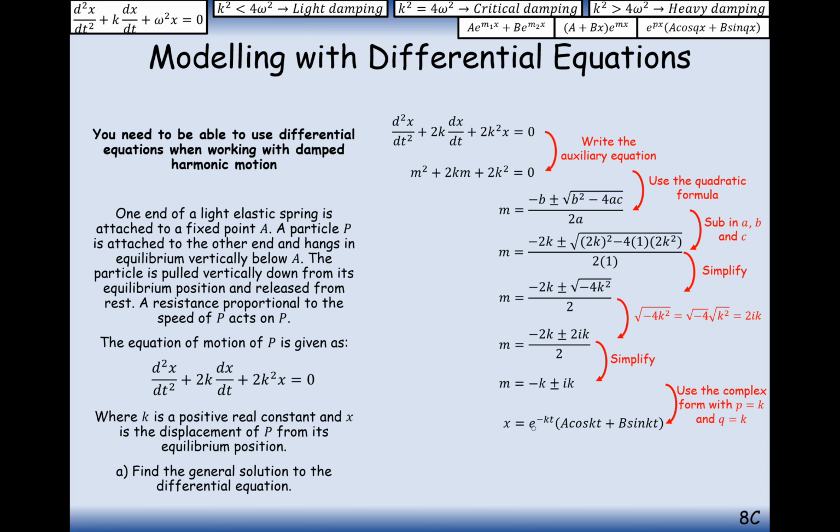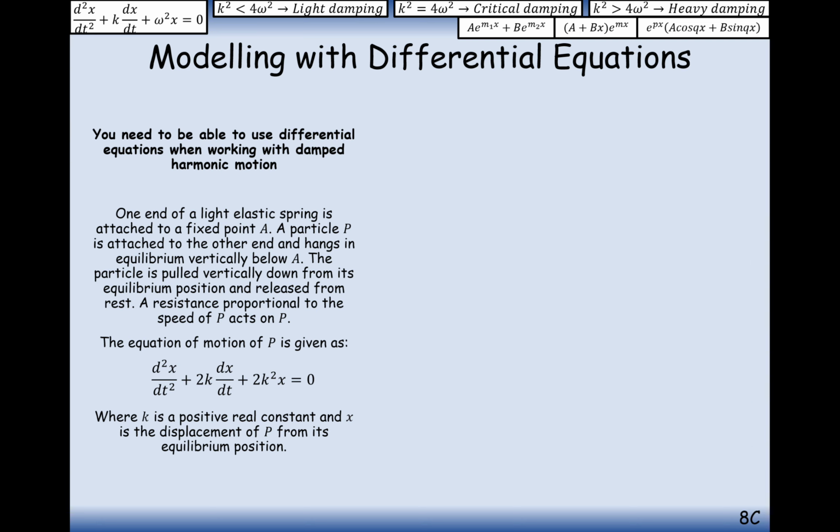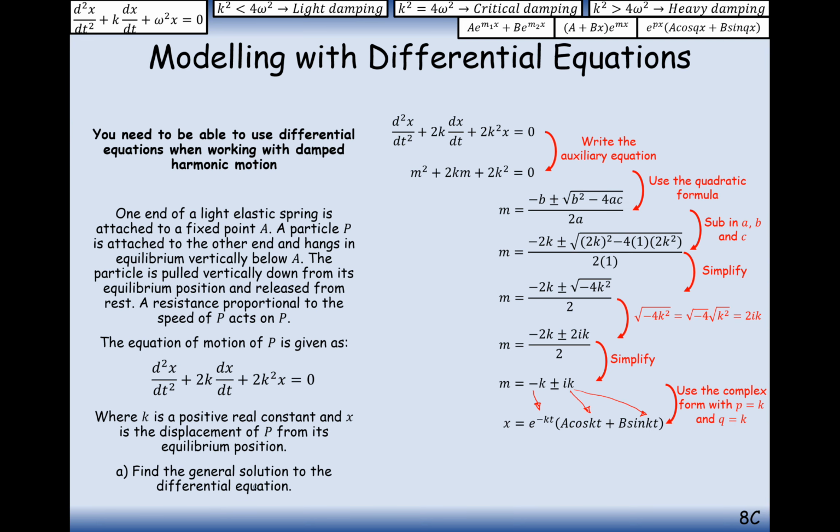That's going to be x equals e to the minus kt, the real part coming in on the power, and then it's a cos kt plus b sine kt, where this k pops inside the cos and the sine. So that's the answer to the general form, so that's the answer to part a.